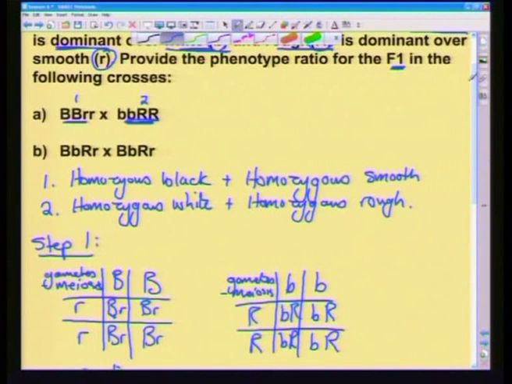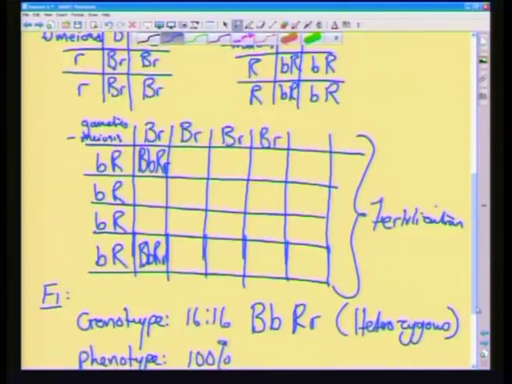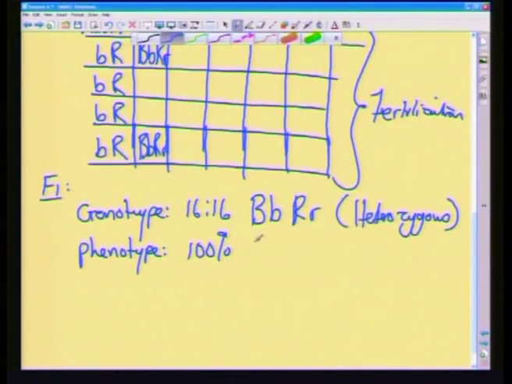We go up and we say black and smooth and white and rough. So our babies are going to be black and rough, and have rough hair, a rough coat. 100% of them.